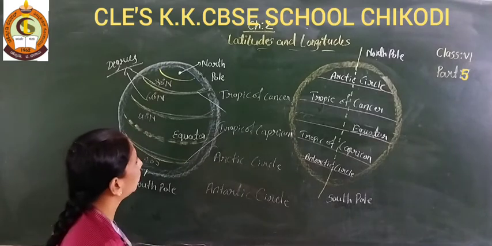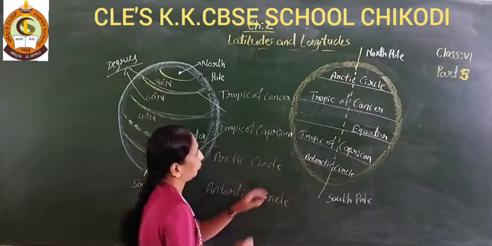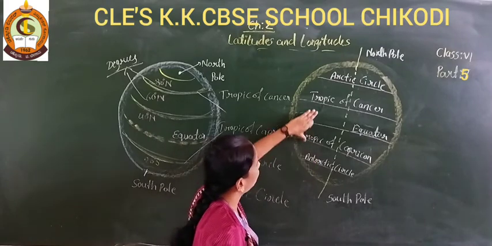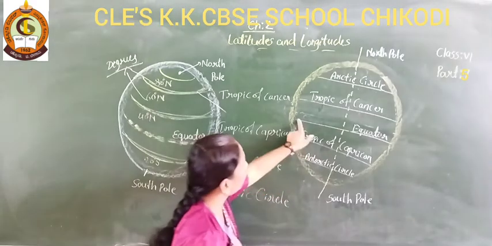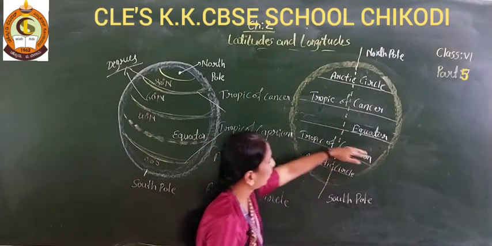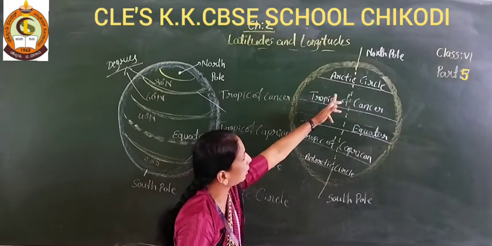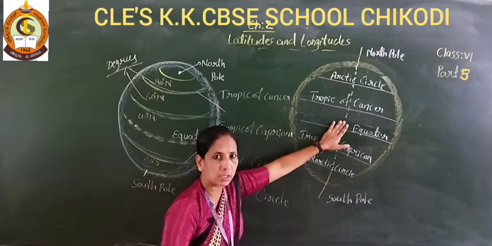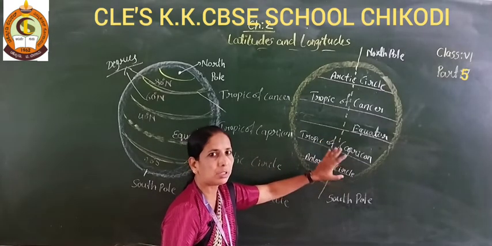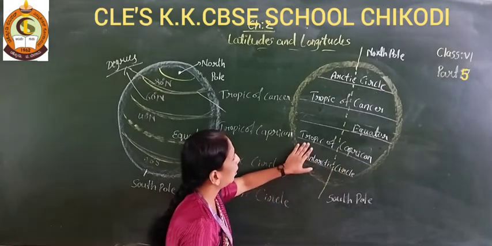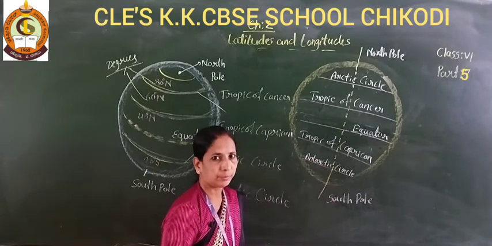These are all important latitudes. Above the equator, in the northern hemisphere, are the Arctic Circle and the Tropic of Cancer, and below the equator, in the southern hemisphere, are the Tropic of Capricorn and the Antarctic Circle.